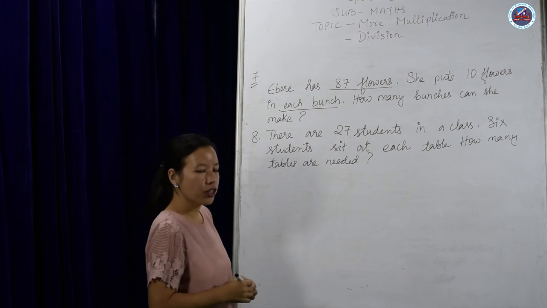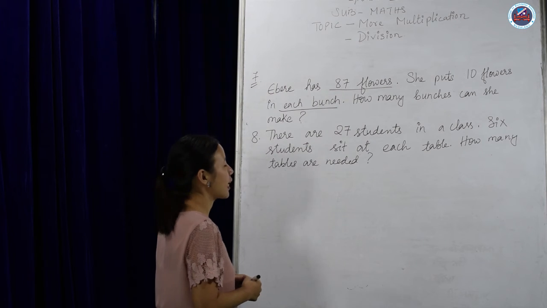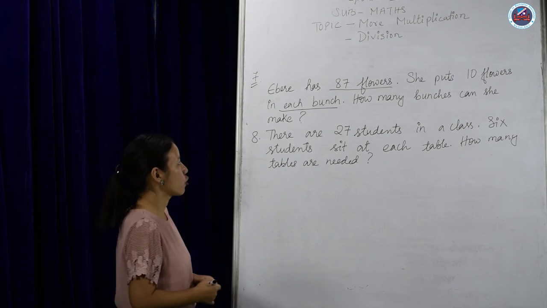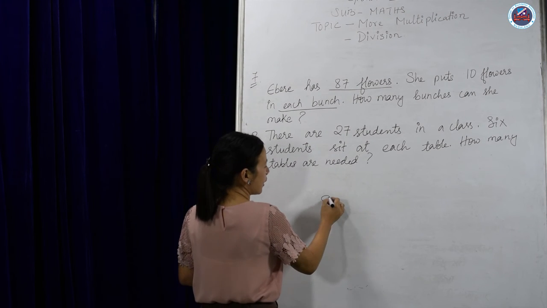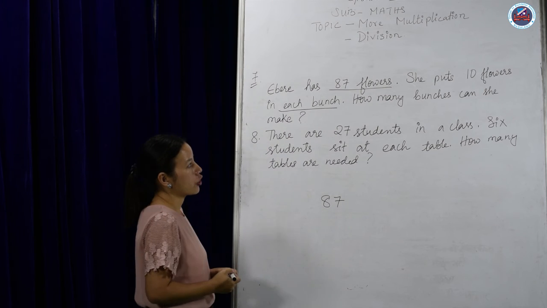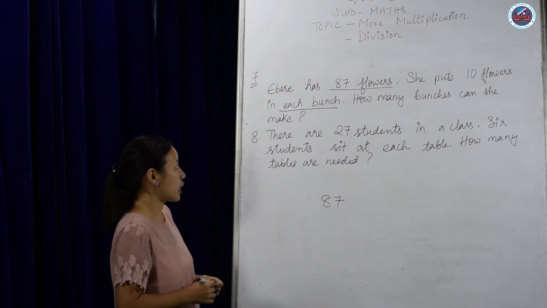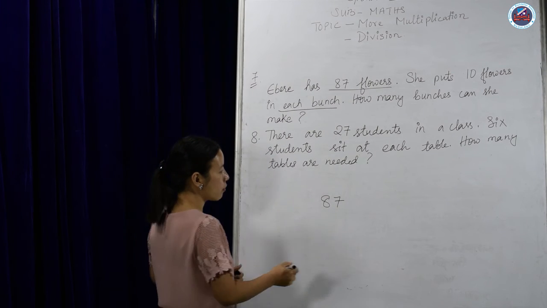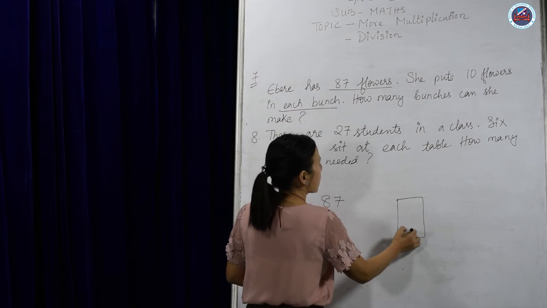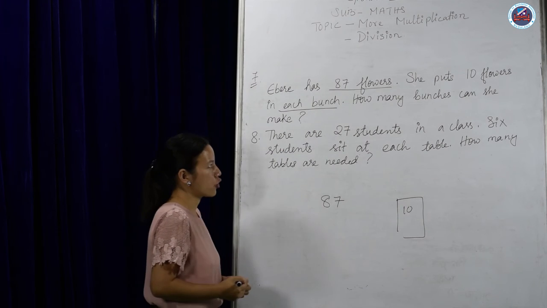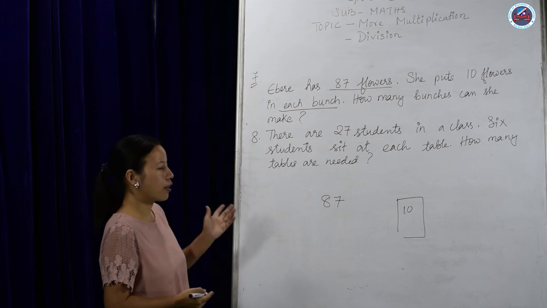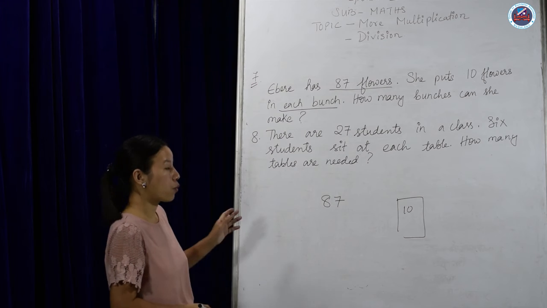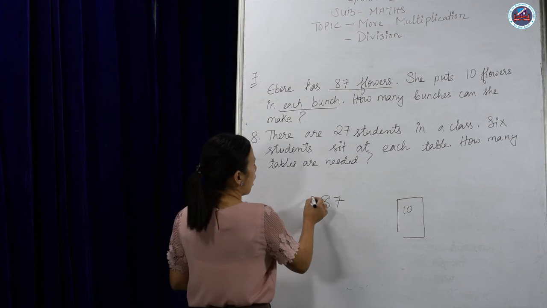The question says, how many bunches can she make? So she has 87 flowers, right? And then she puts 10 flowers in each bunch. That means in one bunch, there are going to be 10 flowers each. So how many bunches can she make with these 87 flowers? That's the question, right? So how do we find this?